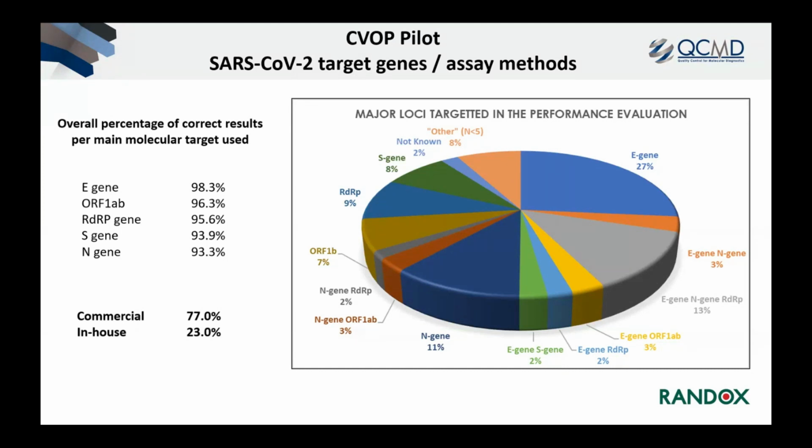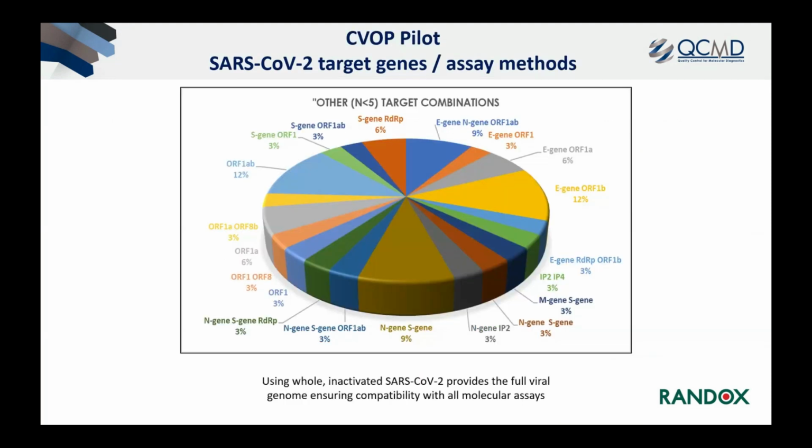There is a small percentage in this pie chart of 8% other gene targets, and the next slide shows that although this one highlights the main gene targets used, far more combinations were being used in this very first pilot study, which again highlights that using the whole inactivated SARS coronavirus with the full genome ensured that the samples were compatible with whatever assay people chose to use.